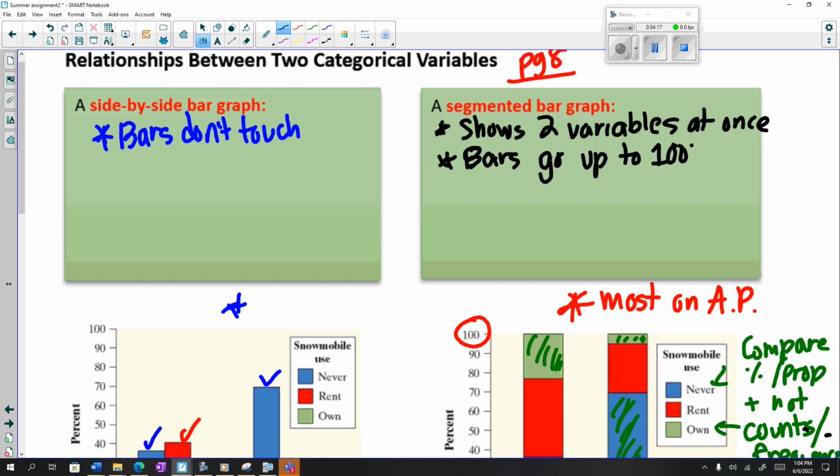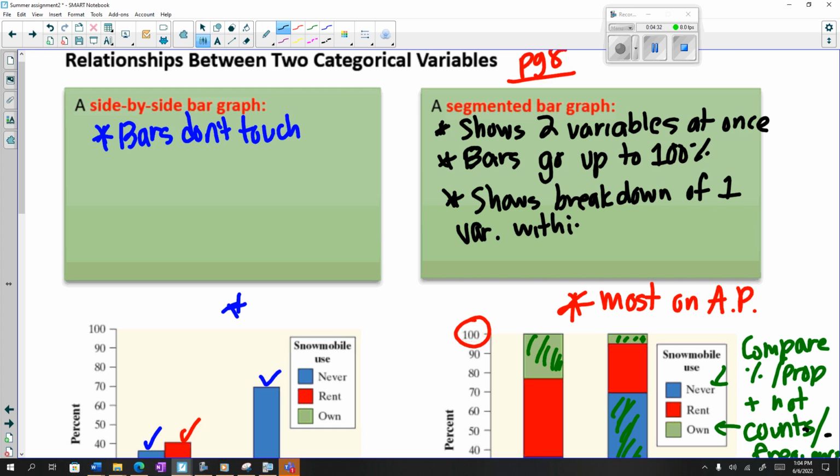Every bar has to go up to 100%. And then it shows the breakdown of the one variable within each bar. And remember, we compare percents across. It's easy kind of to compare the percents across the way.